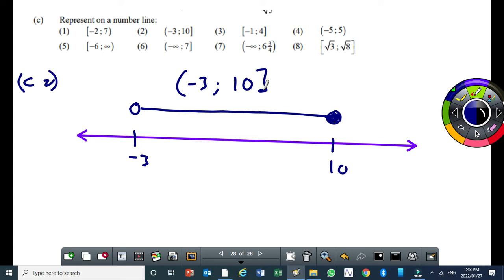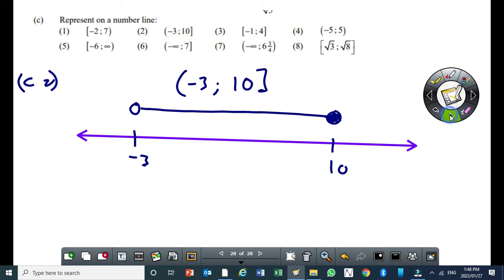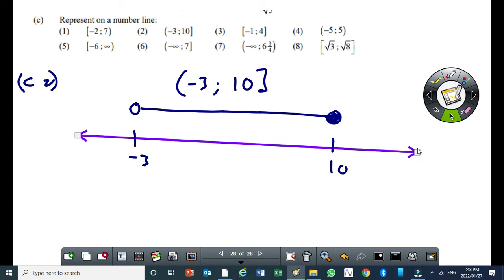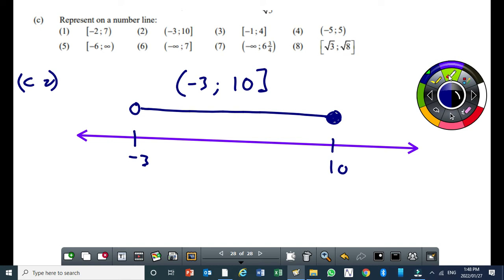Right? Let me see if I can copy this. Then move on to the next page, so I need to just duplicate that. We duplicate it again.